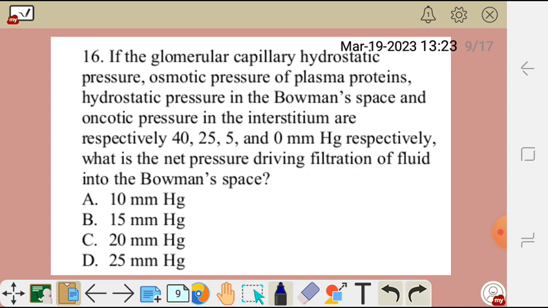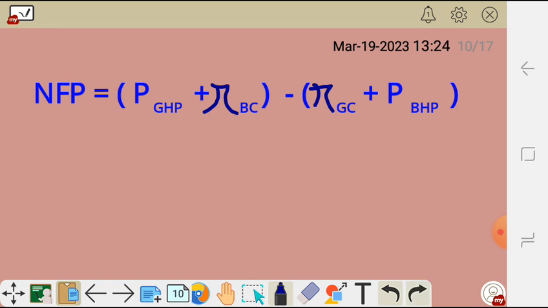So how can we calculate the net pressure driving filtration? This is the formula you use to calculate the net filtration pressure. What you do is simply add the glomerular hydrostatic pressure with our Bowman's capsule oncotic pressure, and then you subtract the glomerular capillary oncotic pressure plus Bowman's capsule hydrostatic pressure.